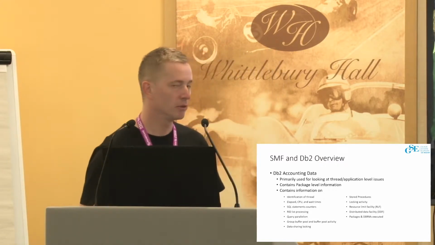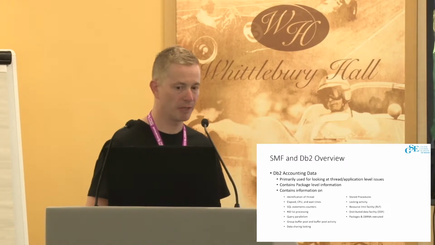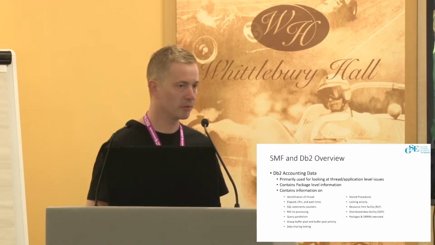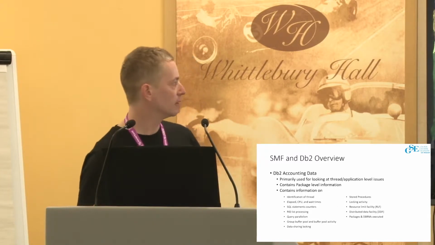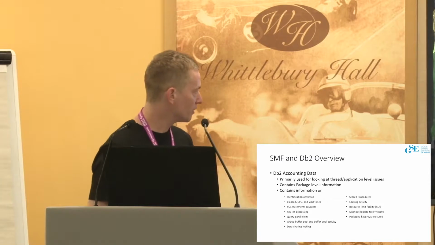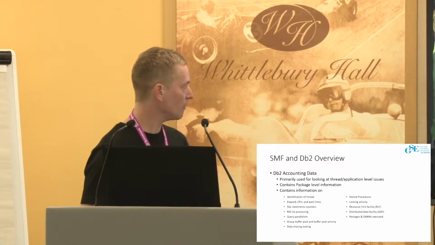You need to switch on performance traces for that, which can be very expensive. So in general, you just have the package-level information, and within that, you've got these different counters. You've got the thread identification, the main ones. You've got elapsed time, CPU. You get wait times.